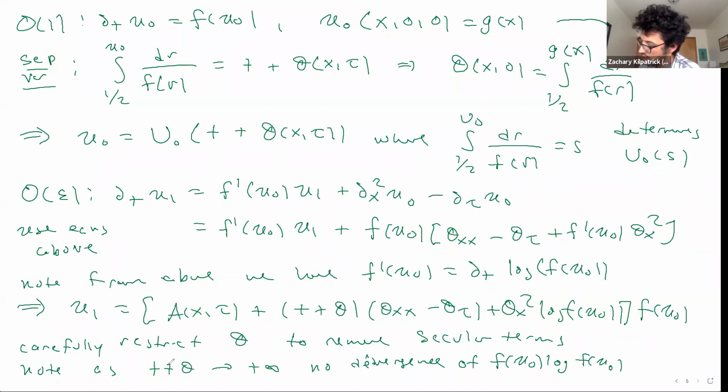As you take this limit, f of u0 goes to 0, and so this goes to 0 faster than the log goes to negative infinity, if you do out L'Hopital's rule or whatever. This is since f of u0 goes to 0 in that limit.